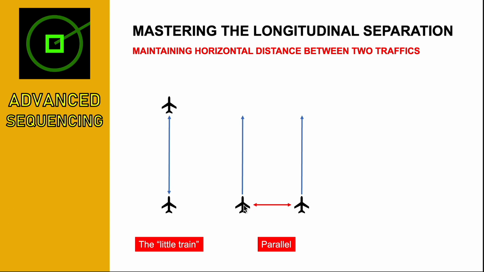So this lateral distance, that is horizontal as well, is maintained. And this is parallel vectoring, let's say like this. And then you may have a hybrid of the previous two. So you have this horizontal distance, that because both traffics are flying on the same heading and at the same speed, this diagonal distance is maintained.